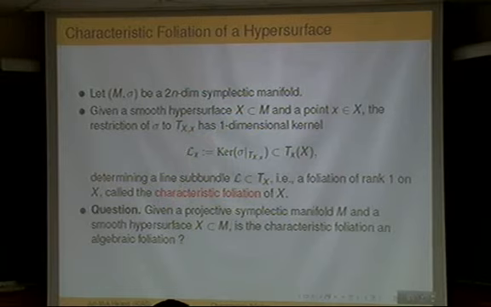I tried to write it down here, but then I thought that some people don't like differential equations, so I skipped it. But it's not difficult. If you are given an expression for the symplectic form and an expression for the local function, then you can write down this characteristic foliation as a local vector field explicitly.